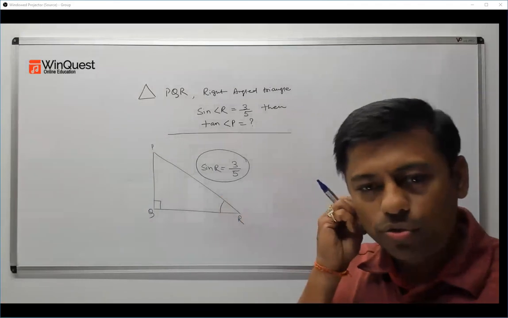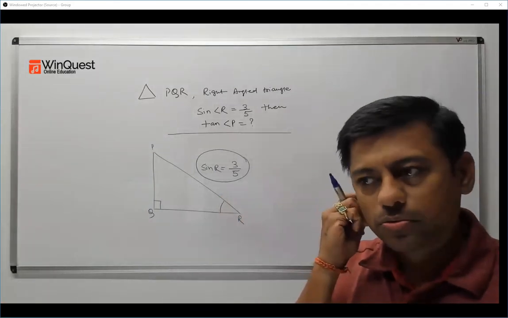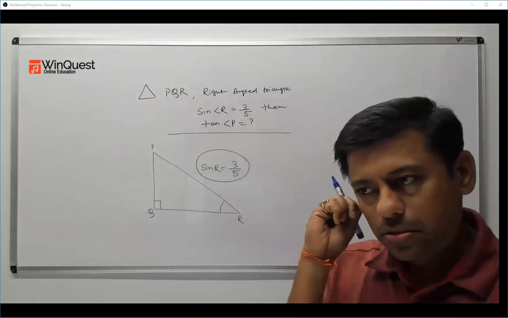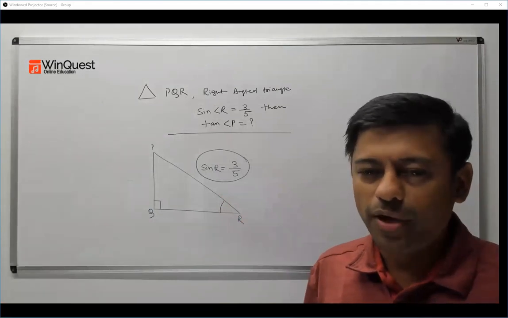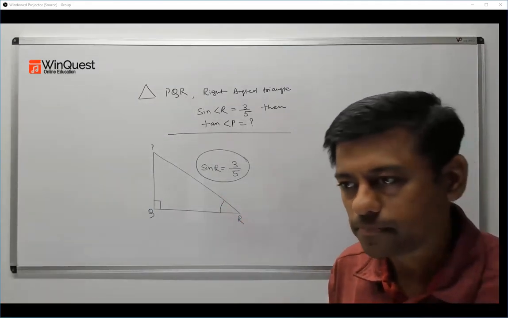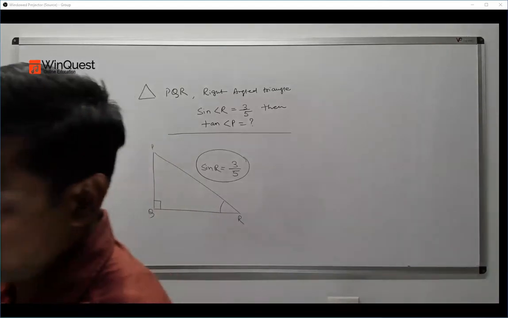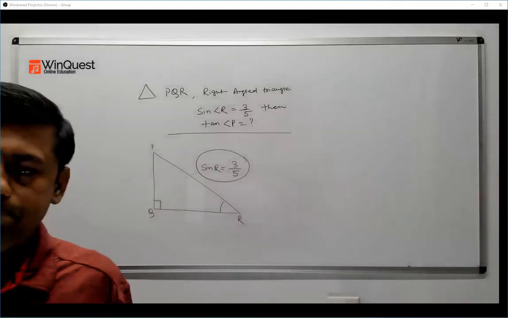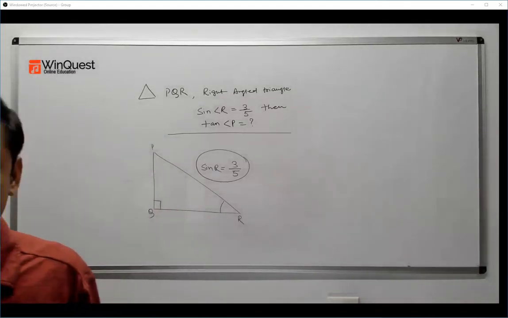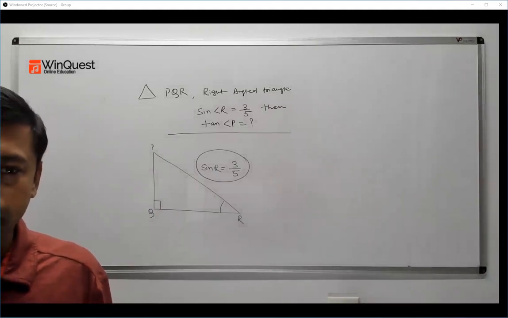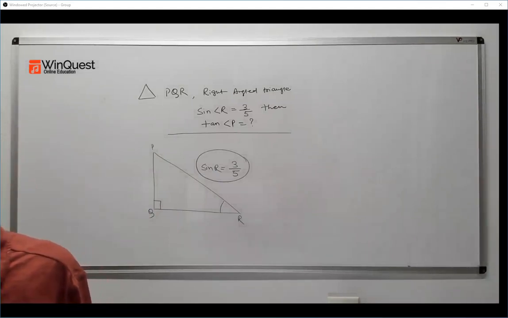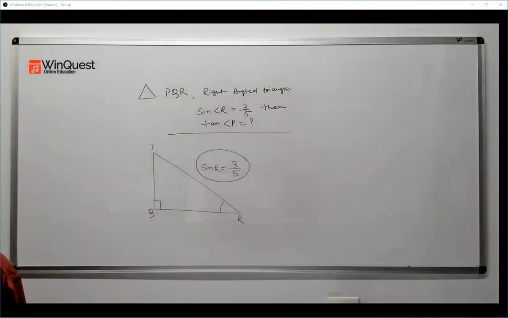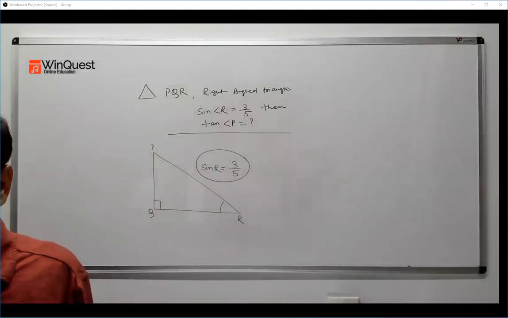Before I proceed to explain, I want to ask how many of you have some thought around it. Jet Harun, please go ahead. If we take angle R, the opposite is 3 and the hypotenuse is 5.